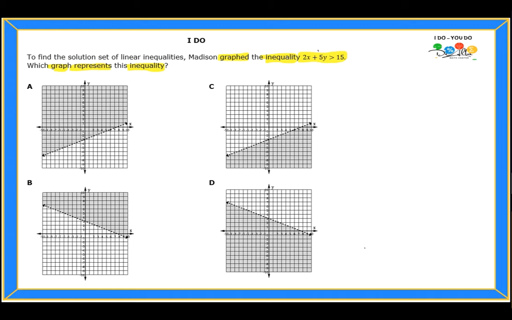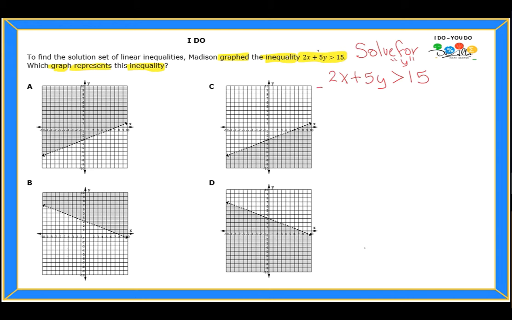But we can also go straight to the inequality that is given to us, which is 2x plus 5y greater than 15, and I can go ahead and solve for y. Now remember, if you solve for y, it's like thinking about a linear equation, and that way we can easily identify the slope and the y-intercept. Okay, so let's go from that point of view.